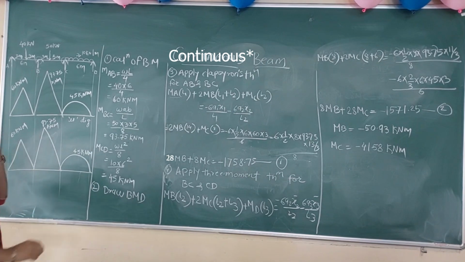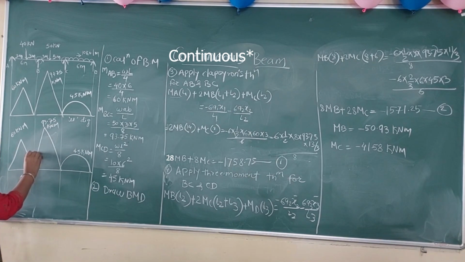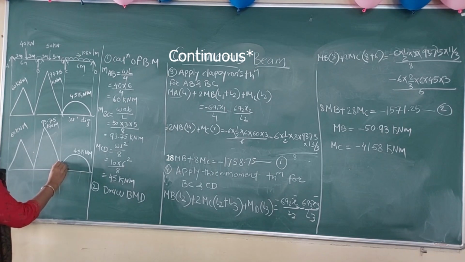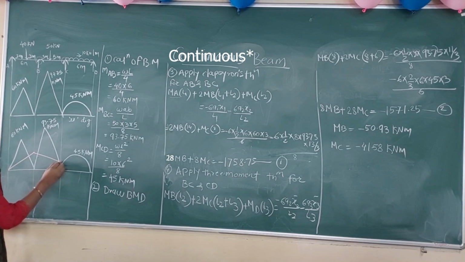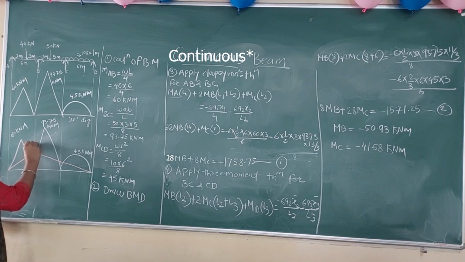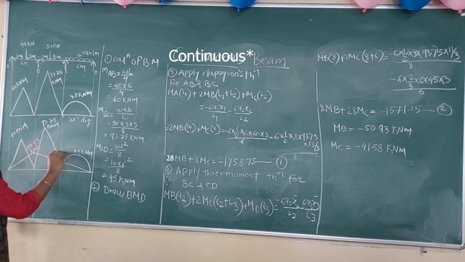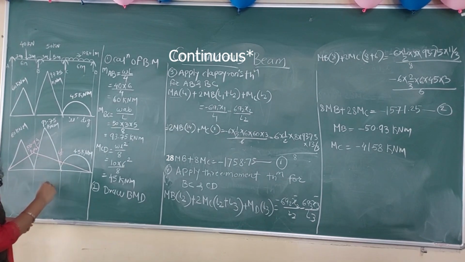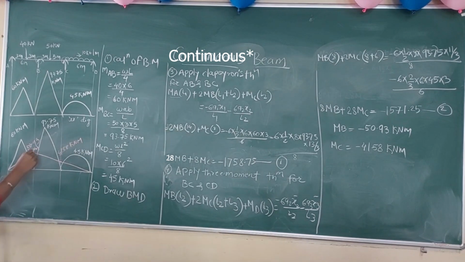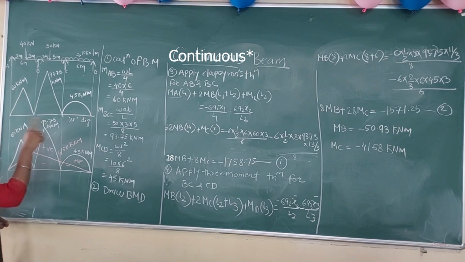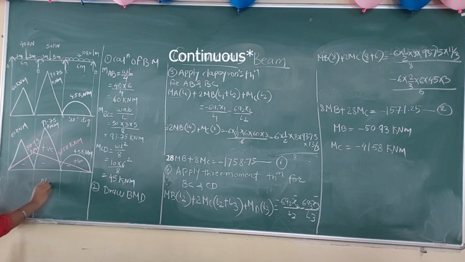MB is minus 50.93 and MC is minus 41.58, so this diagram will be like this. This is minus 50.93 kilonewton meter and this is minus 41.58 kilonewton meter. This is a hogging bending moment, so it is negative, and the upper side is positive. This diagram is also called the net BMD.